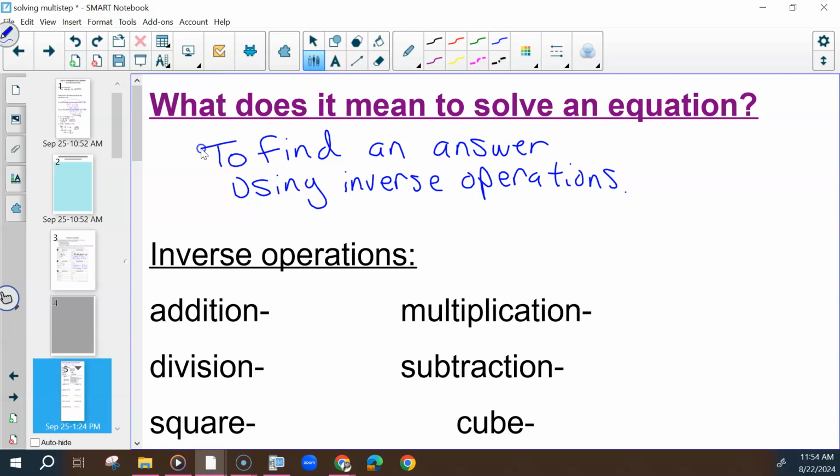And then we need to know what those inverse operations are. What is the opposite or inverse of addition? Subtraction. We're just going to draw an arrow. What is the opposite or inverse of division? Multiplication.